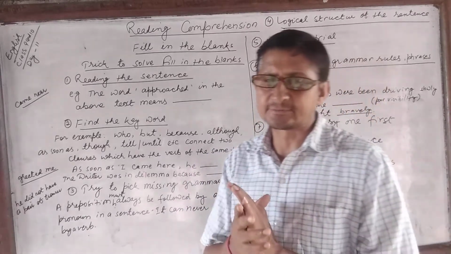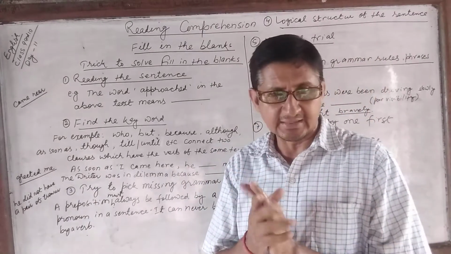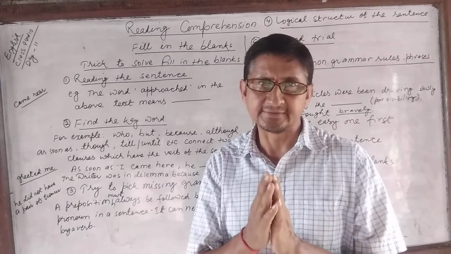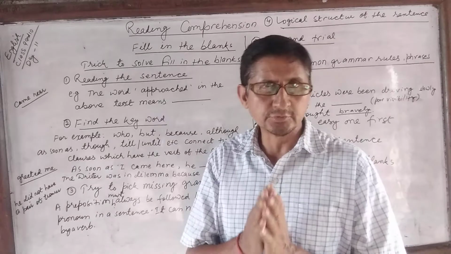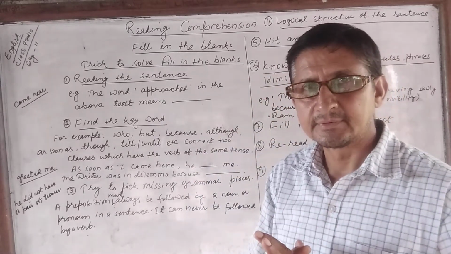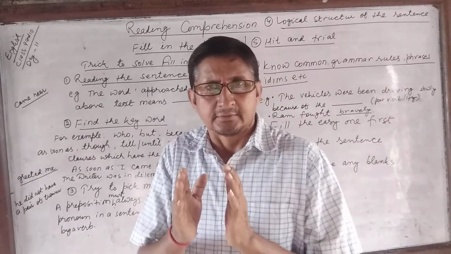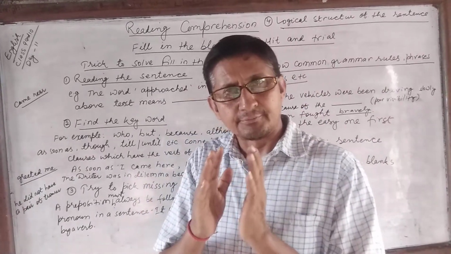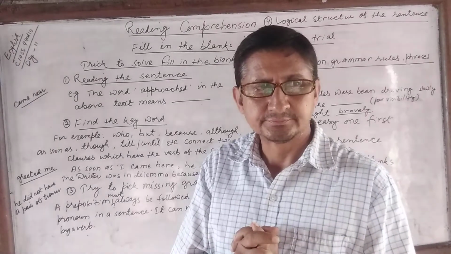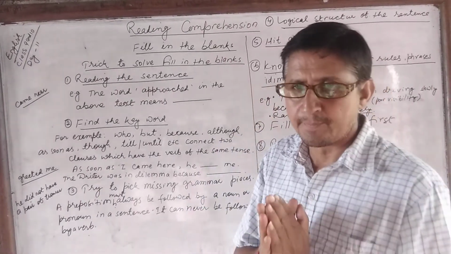If the blank is qualifying a noun, then your answer should be an adjective. In this way, you have to know the common grammar rules, phrases, idioms to fill in the gap with the right words.